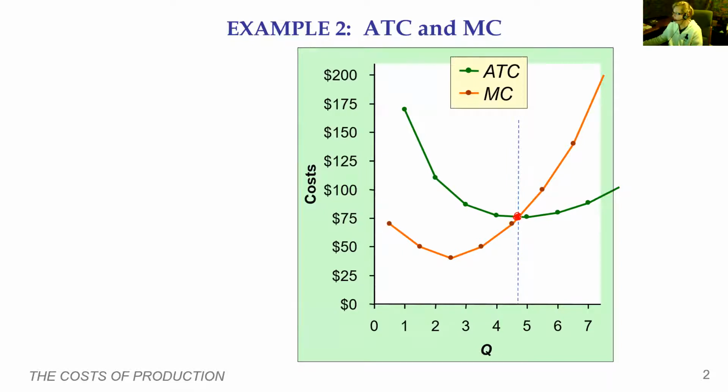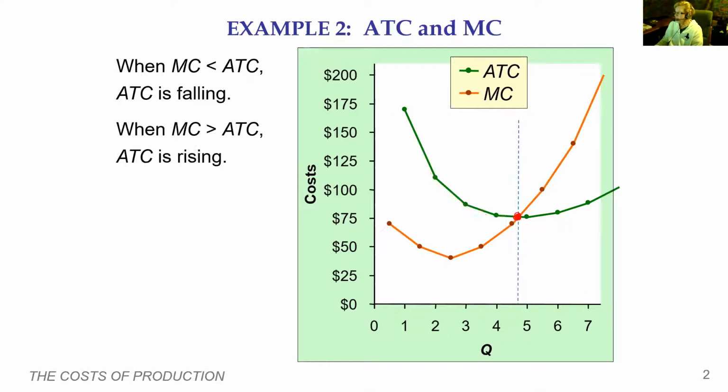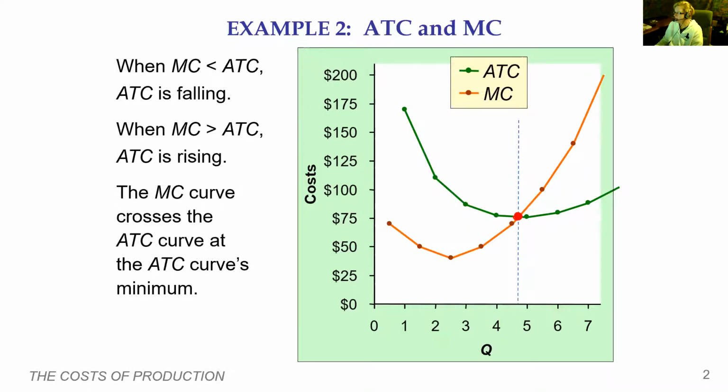At this point, where those two are equal to one another, that's going to be the idea that average total cost is falling. And then after that point, average total cost is rising.